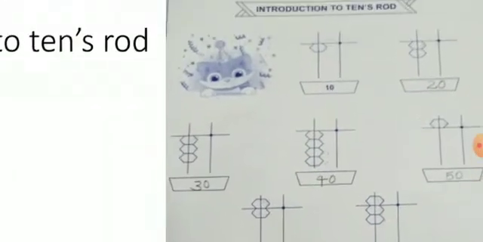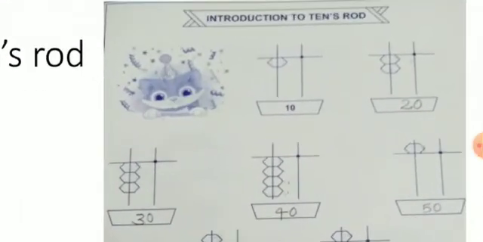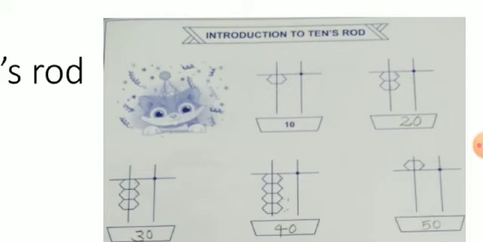If we take the first exercise, we can see that nothing is there in ones place, but in tens place, we can see a bead. Only one bead is there in tens place. So, the value of this bead is 10, and we can write here the answer will be 10.